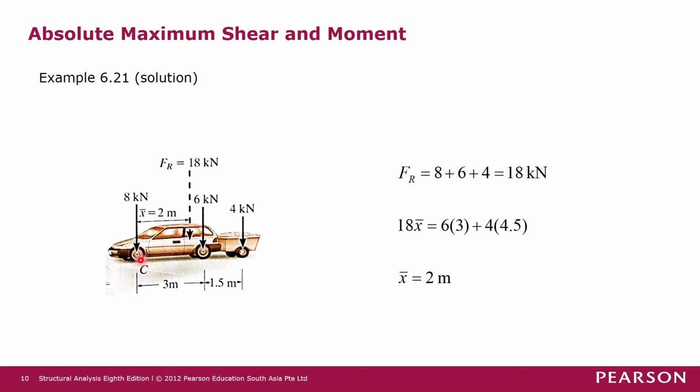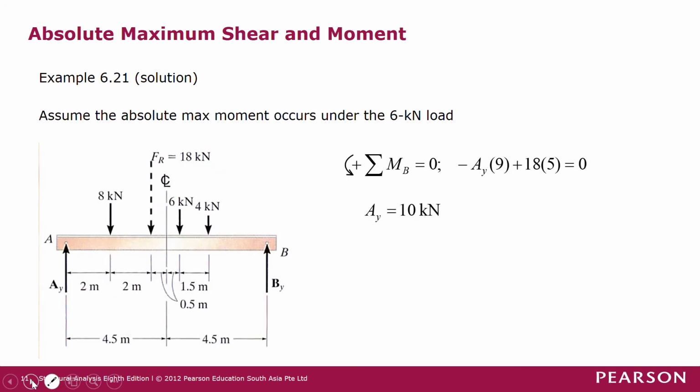After we have determined the location and magnitude of the resultant force, we can place the system of forces on the beam. We first assume that the absolute maximum moment occurs under the 6 kilonewton load. The resultant force is 1 meter away from this 6 kilonewton force.